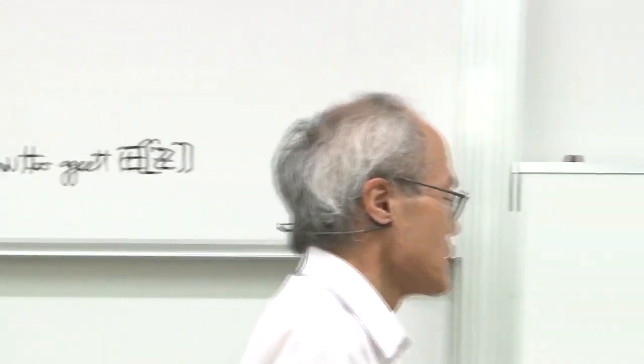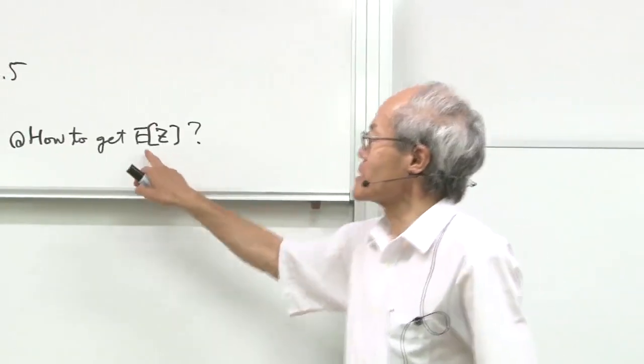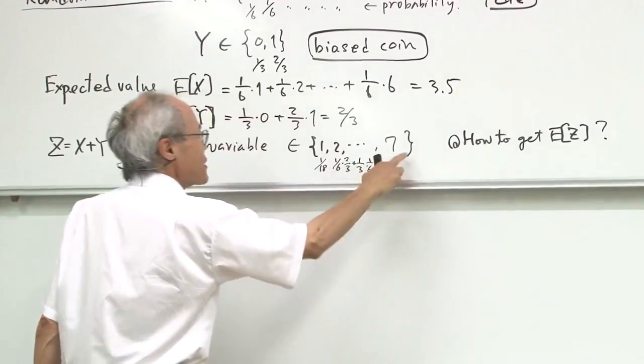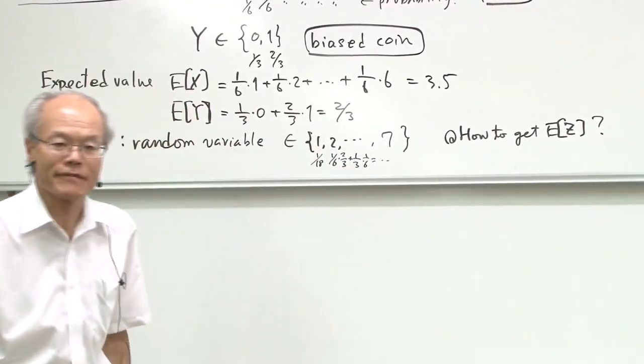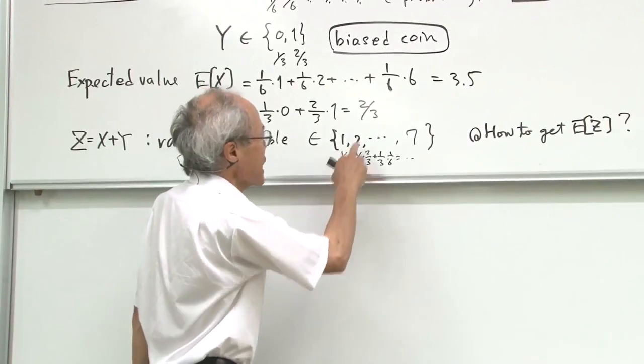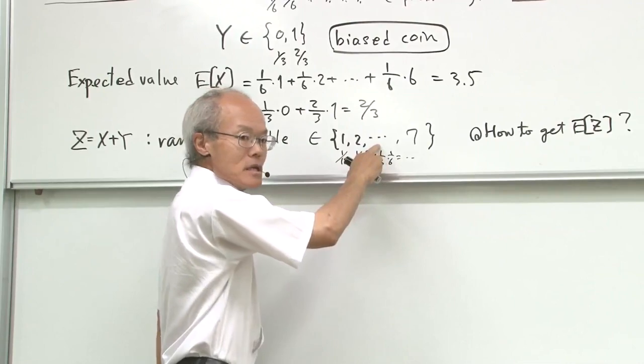how to get the expected value of variable z. Of course, you can calculate the expected value by calculating all the probabilities of these values. Okay? So this value is 1/18, and this value is some other probability.